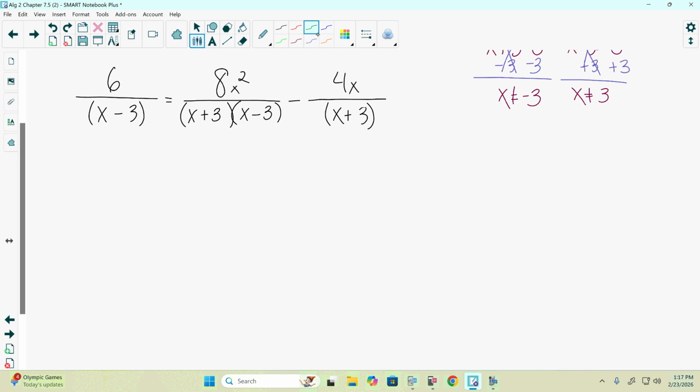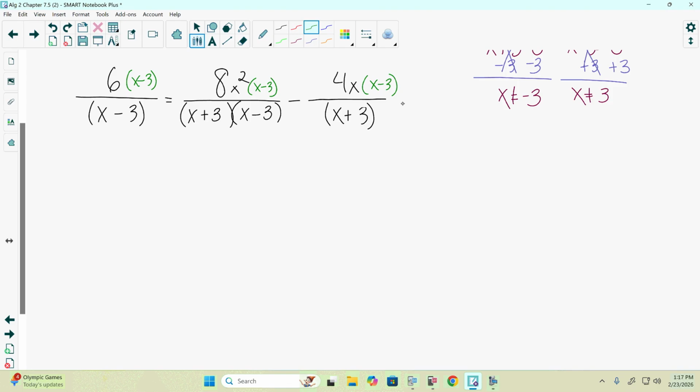Now, the first thing we can multiply through, because again, we want to multiply each of these expressions by something so the denominators will simplify. The first thing we can multiply everything by is x minus 3.